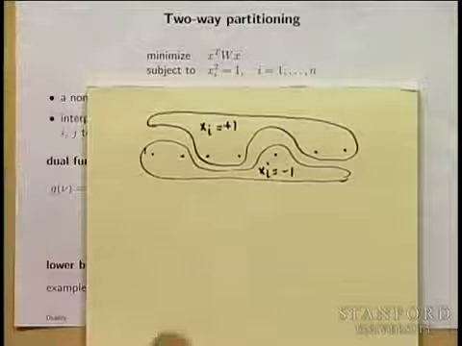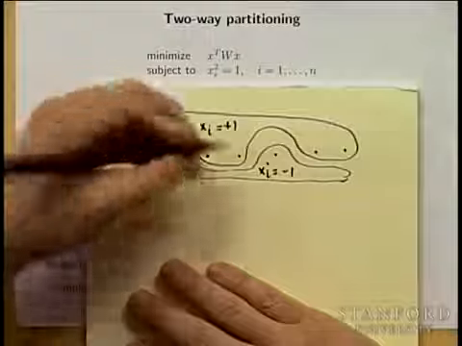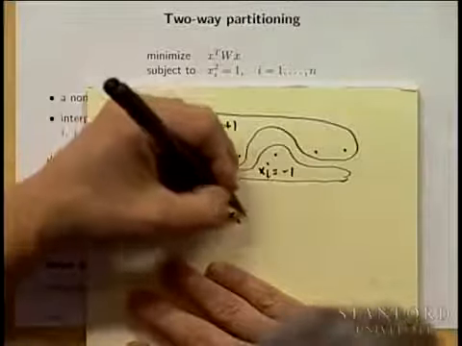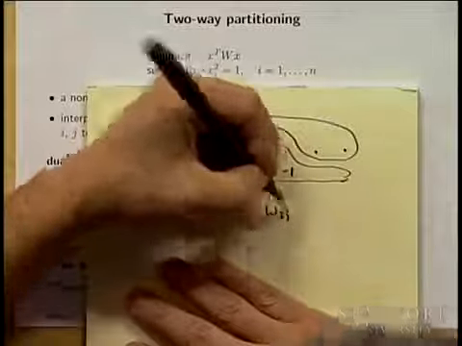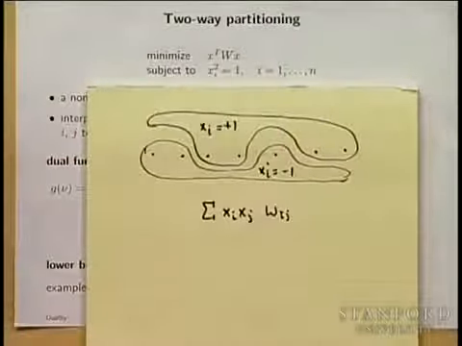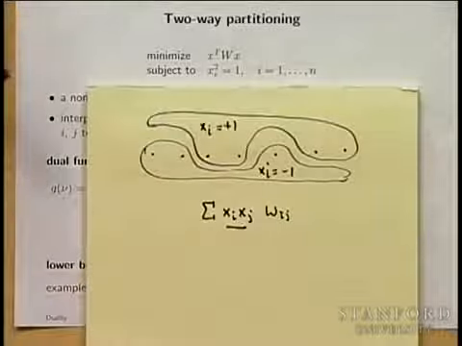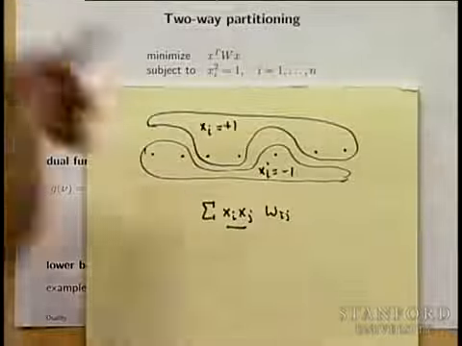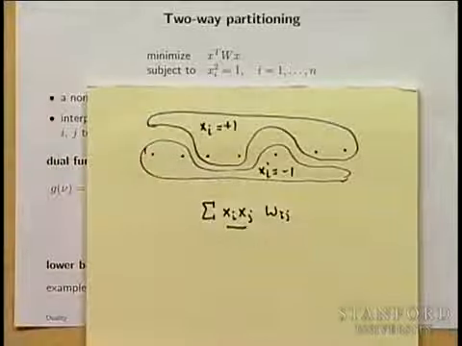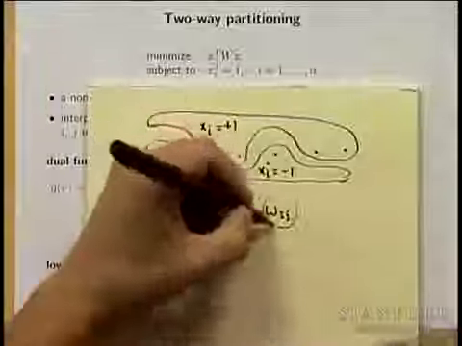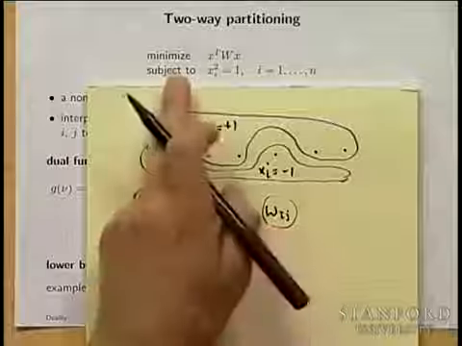Okay. All right. Then let's look at what the objective is. The objective is the sum of xi xj wij, and let's just see what it is. So you sum over all pairs. If xi and xj are in the same partition, what is xi xj? 1. Okay? And then you add this to this thing.